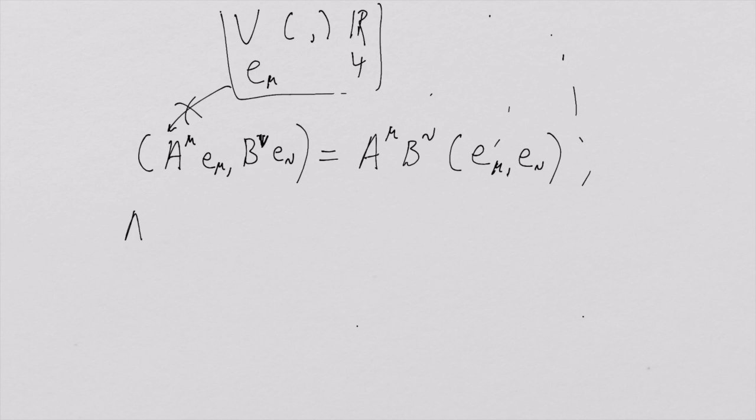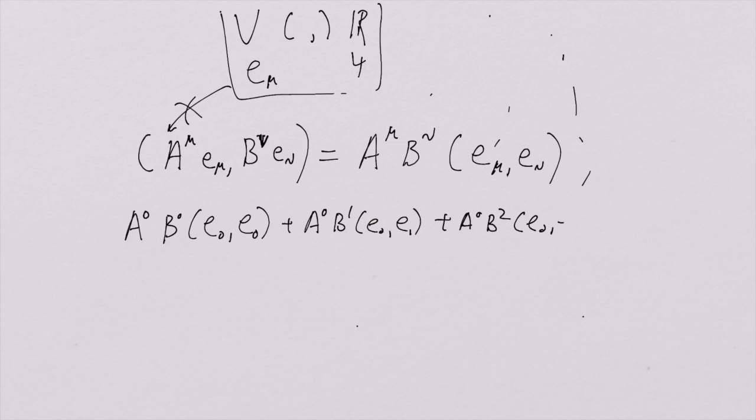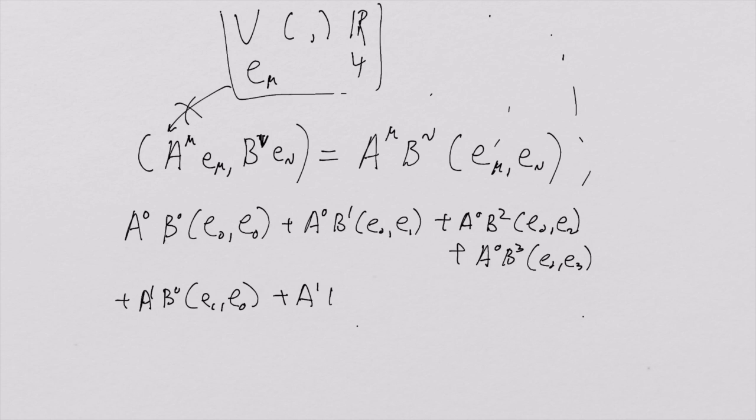So you can think of this as A0, say, for example, B0, E0, E0, plus A0, B1, E0, E1, plus A0, B2, E0, E2, plus A0, B3, E0, E3, and then plus A1, B0, E1, E0, plus A1, B1, E1, E1, and I think I'll stop there until you finally end up with A3, B3, E3, E3.